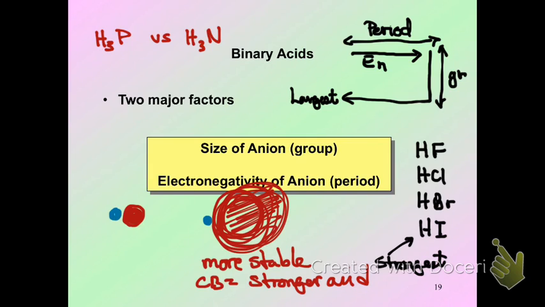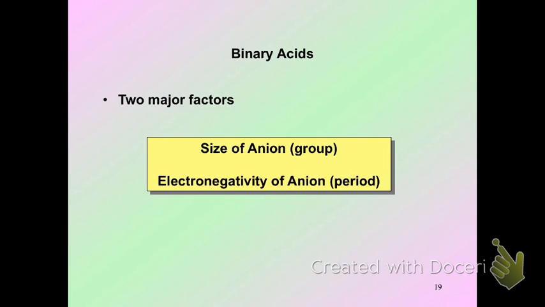The other thing that affects acid strength, I'm going to wipe this slide here, is electronegativity of the anion. And more electronegative anions make for stronger acids. Okay?